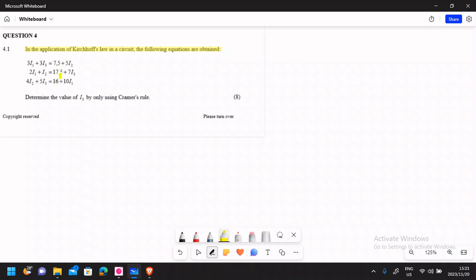So this is just the statement. We have equation 1, equation 2, and equation 3. Now what is it that they want us to calculate here? They want us to determine the value of I3 by only using Cramer's rule.